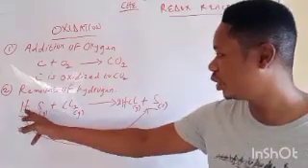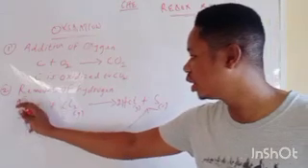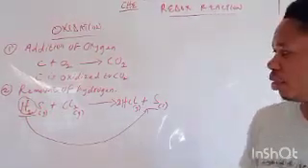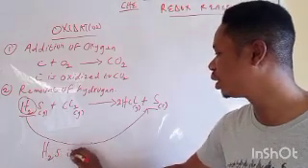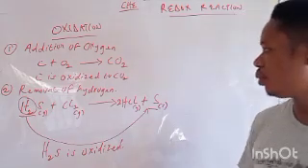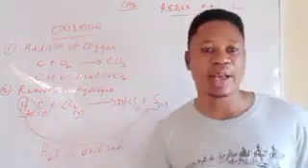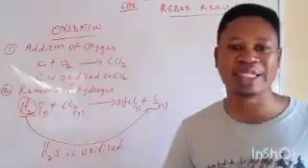As you can see, H2S, ordinary S, hydrogen has been lost from H2S. So I will say hydrogen sulfide is oxidized. So that means when a compound or element loses hydrogen, such compound or element is said to be oxidized.